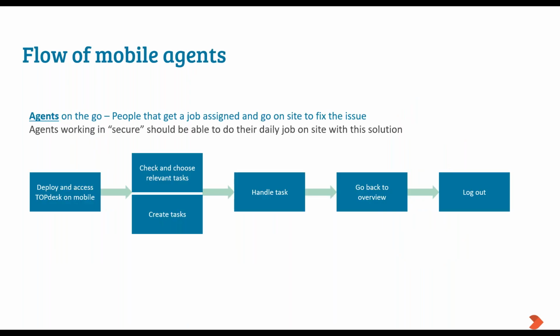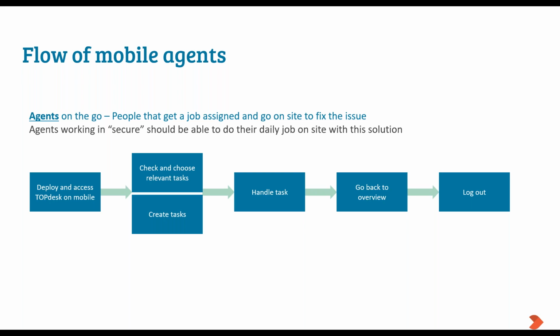So if you look at the daily work of an agent on the go, as we call it, you basically see that they need to do work on incidents, for example, other tasks. And what you see is that they need to deploy and access TOPdesk on their mobile device. When they have deployed that, you'll see that they need to choose tasks from a checklist of all the things that need to be done.